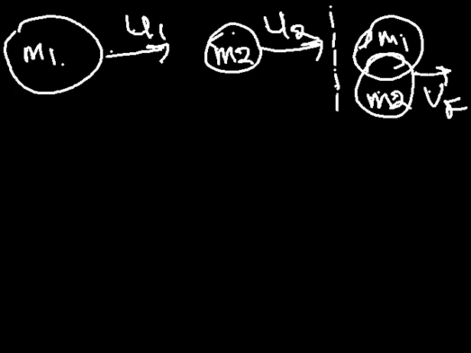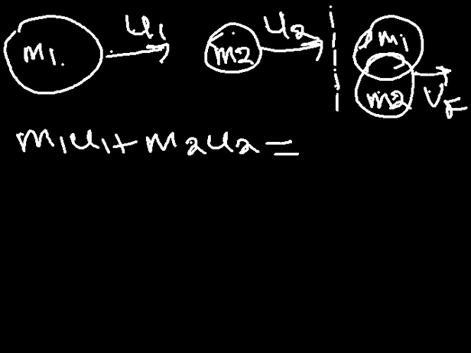So at the end of the day, since the law of conservation of momentum is obeyed, it means we have m1 u1 plus m2 u2, which is equal to, since both objects will have the same velocity, the final velocity, (m1 plus m2) times the final velocity.